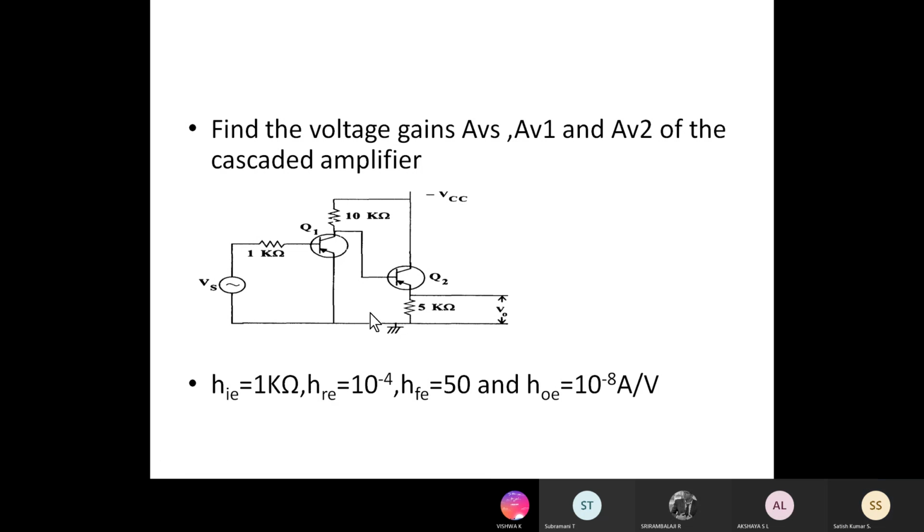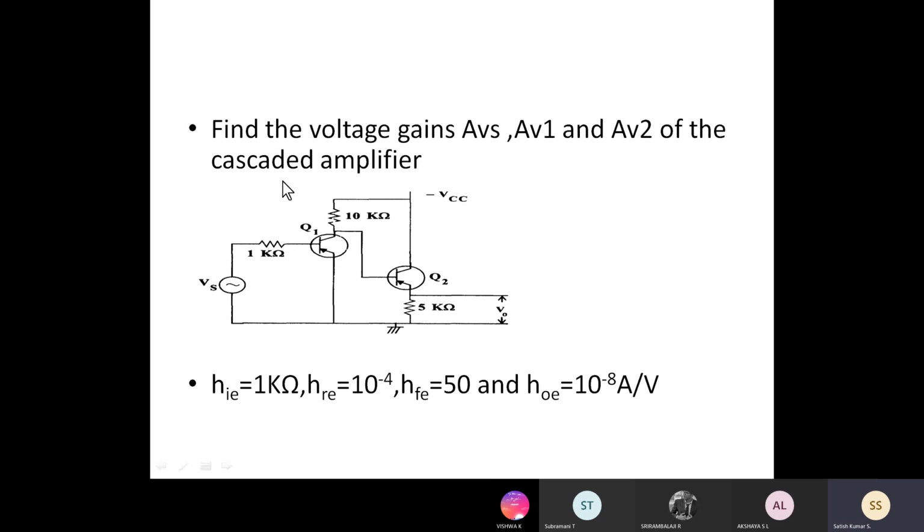For the second transistor, the collector has an internal resistance of 5 kilo ohm, and we are going to observe the output from the collector terminal of your second transistor Q2. So these are the parameters we observe from our diagram.